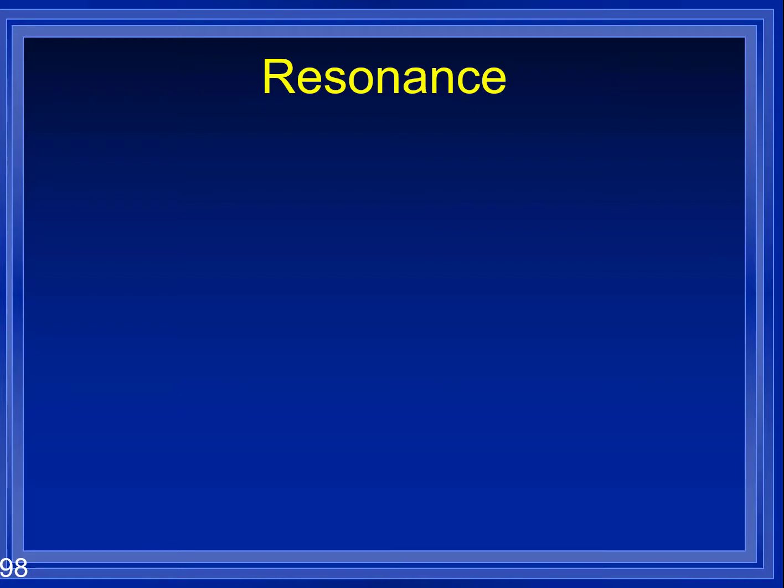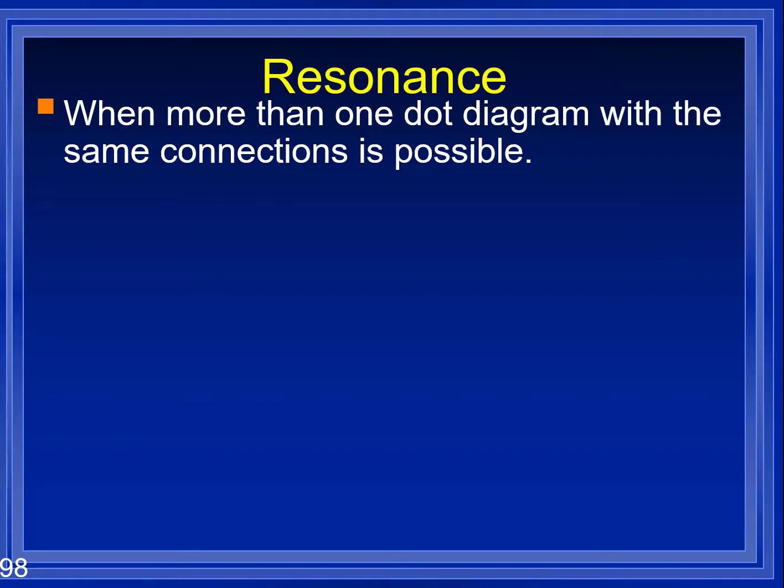Now, resonance happens when there's more than one dot diagram with the same connections, and I mean the connections between atoms. So what I'm saying is, you've got the atoms all in the same order, and you have your choice of where the electrons can go.